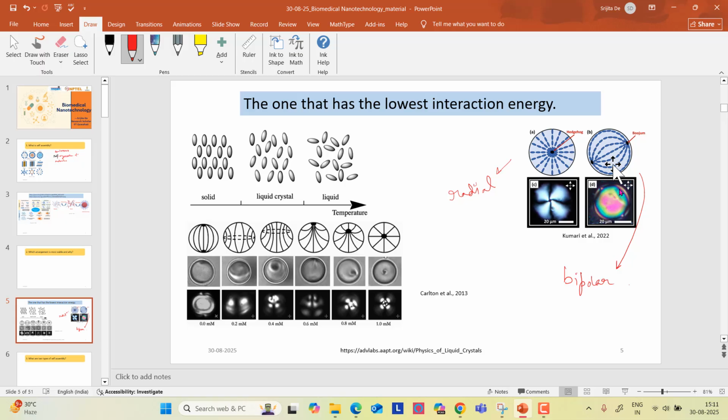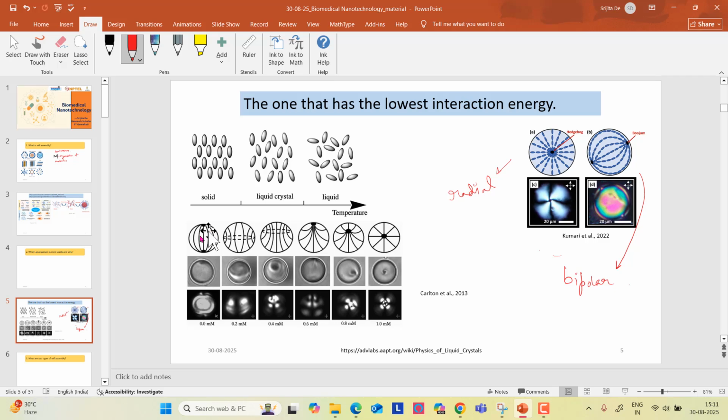Why does this molecule orientation change from radial to bipolar? Because this actually defines our self-assembly, because we are not forcing any external forces to reorient the molecules. They are self-assembled.